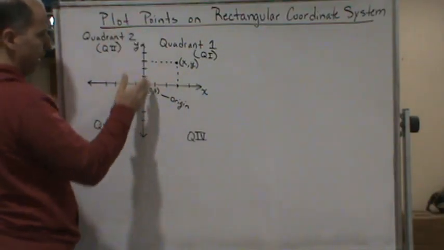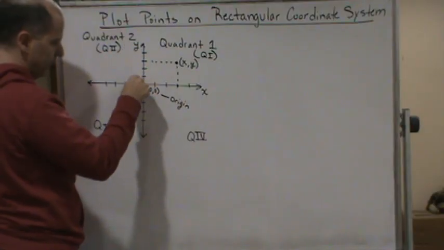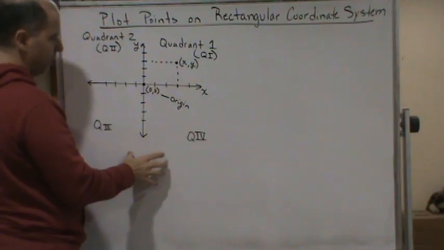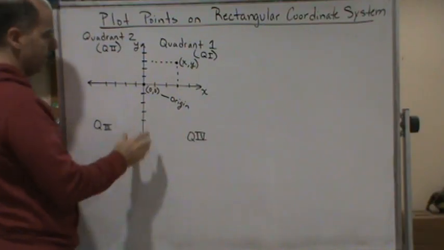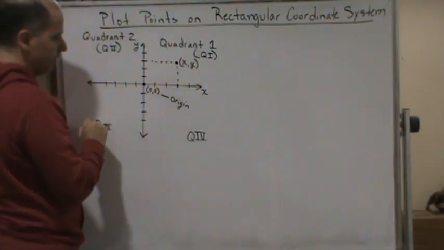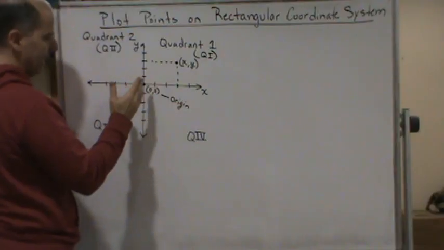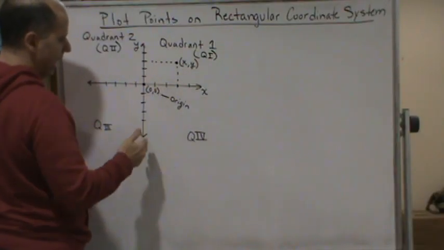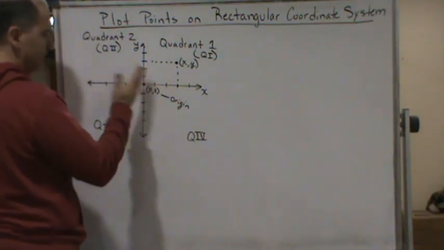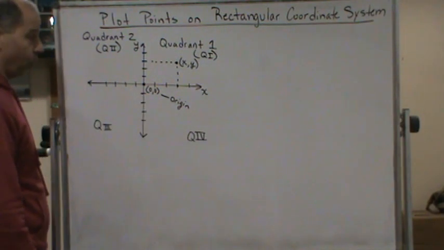In the y direction, up is positive and down is negative, so anything below the x-axis has negative y-coordinates, and anything above the x-axis has positive y-coordinates. Likewise with the x-axis, anything to the right of the y-axis has a positive x-coordinate, and anything to the left of the y-axis has a negative x-coordinate.